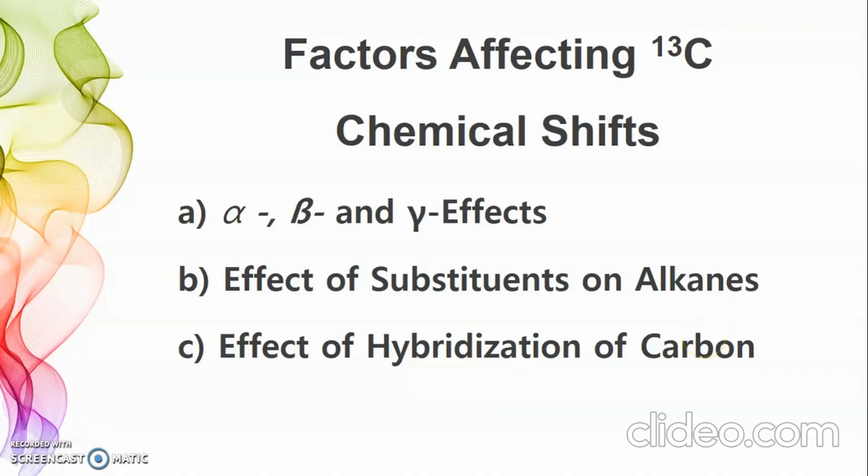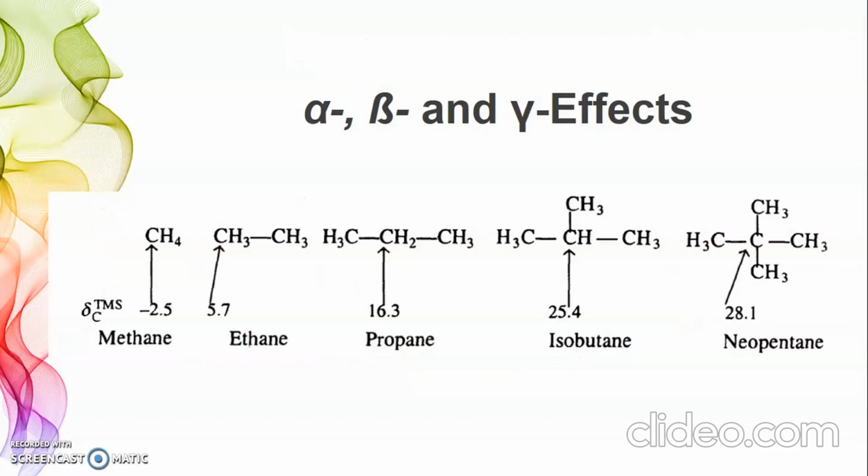Next, we see the alpha, beta, gamma effect. There is an increase in chemical shift on going from primary to secondary, secondary to tertiary, and tertiary to quaternary carbon atoms, and the average increase for each hydrogen atom replaced is in the range of 7 to 10 delta.